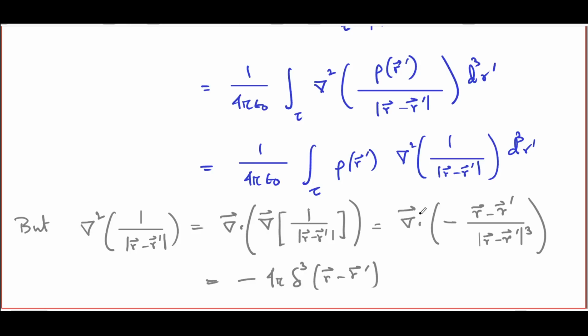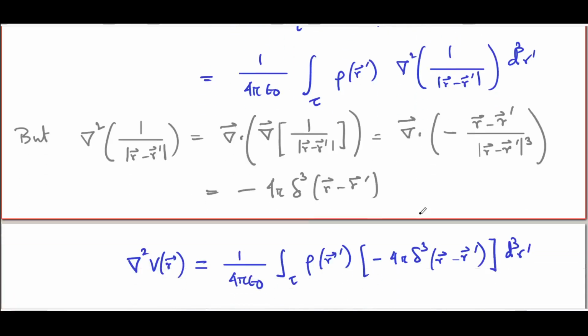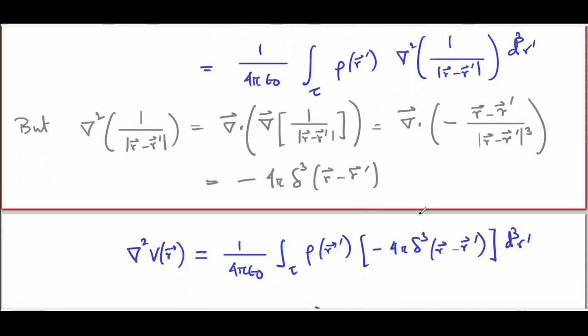Remember, if it is in an integration over r prime, the delta function essentially forces all the rest of the integrand to have r prime equals r, and therefore the Laplacian of V of r becomes 1 by 4 pi epsilon 0 integral over the region tau of rho of r prime times minus 4 pi delta cube of r minus r prime, which is minus rho of r over epsilon 0.